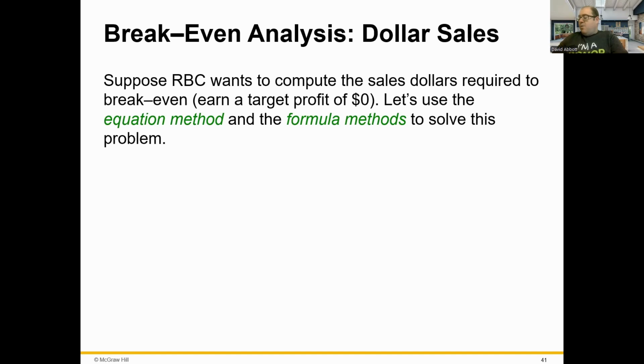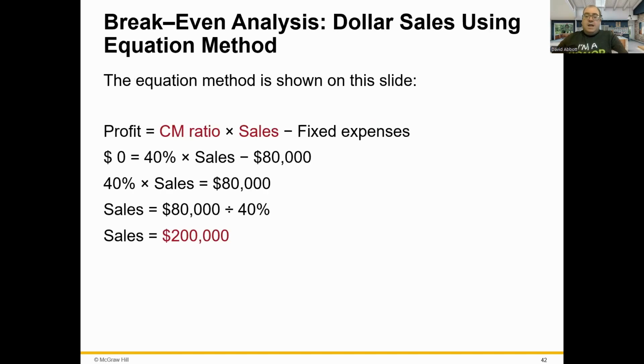Now, suppose that RBC wants to compute the sales dollars required to break even, so for example, to earn a target profit of 0. The equation shown here would help us to calculate that. So again, we have our profit equals our contribution margin times our sales minus our fixed expenses.